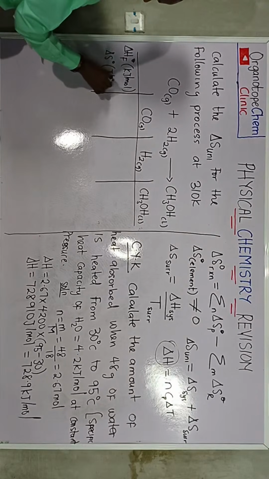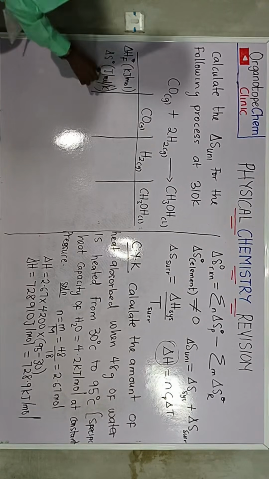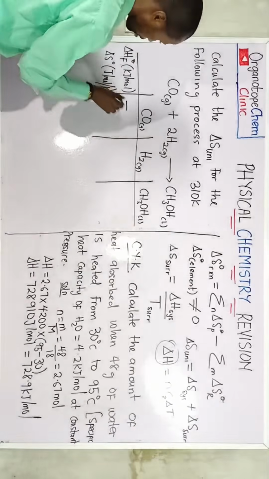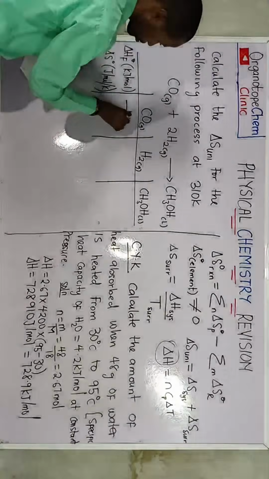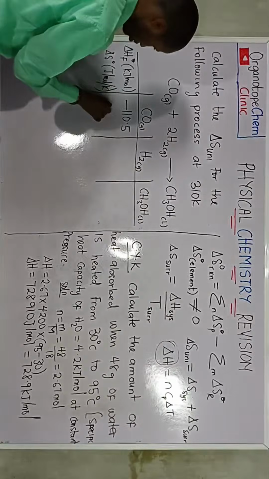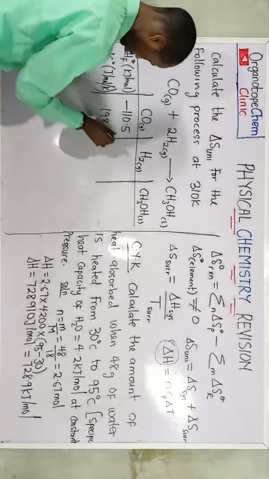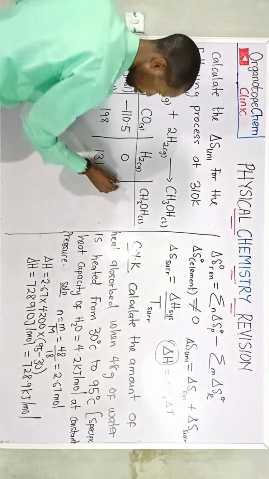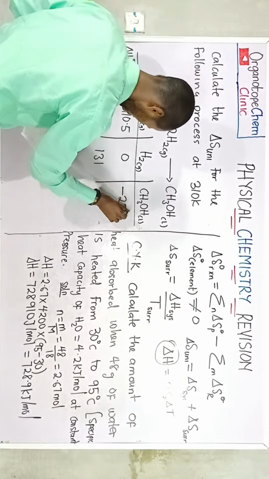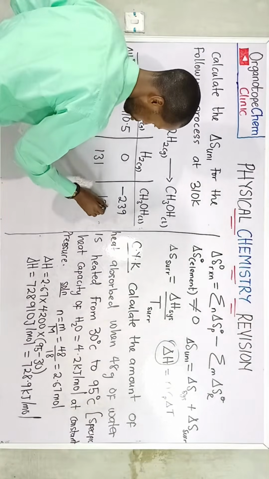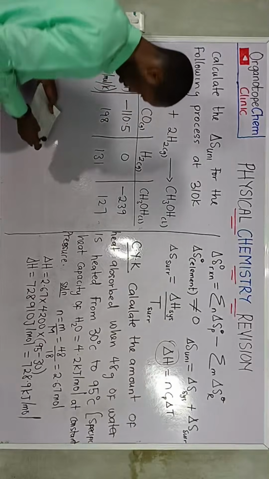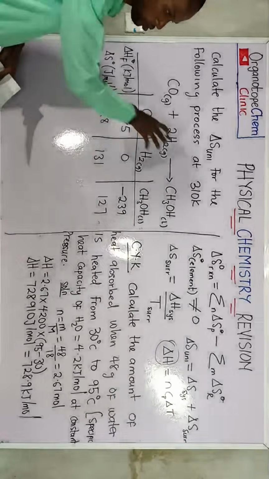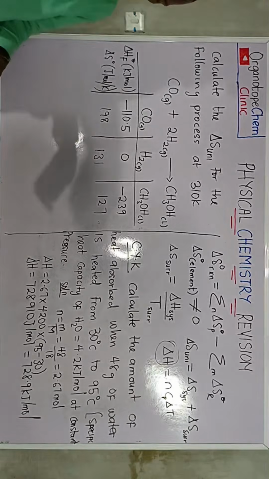Please note this: the entropy is in joule per mole per Kelvin. The values are 110.5, 198, 0, 131, minus 239, 127. Okay? So you are expected to copy the table before we proceed.